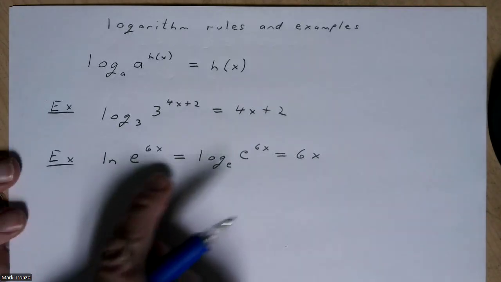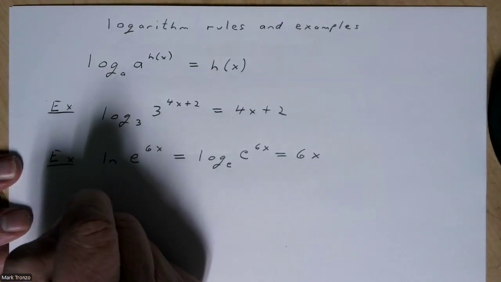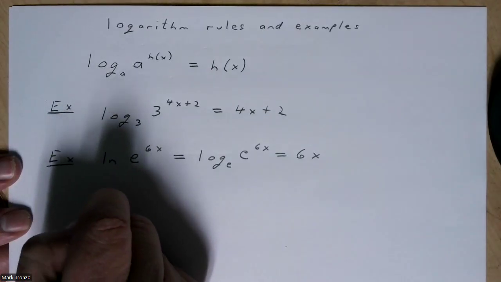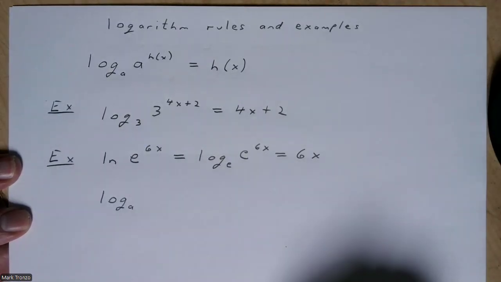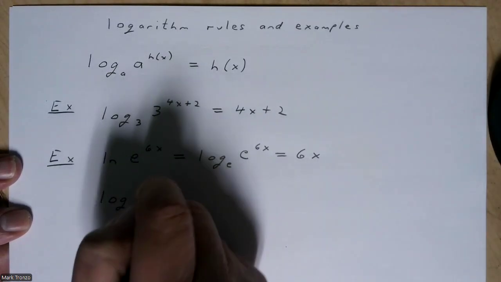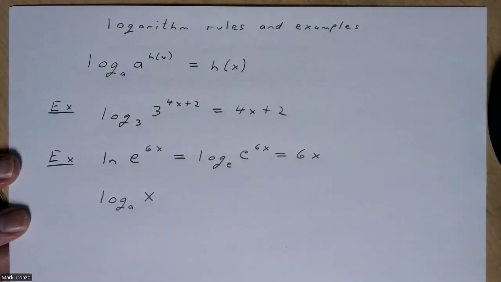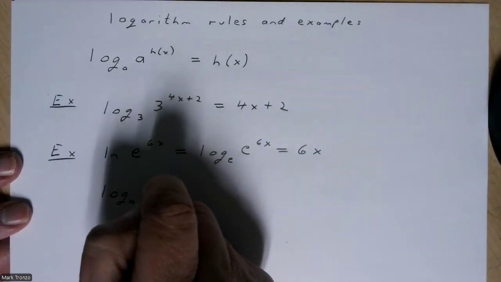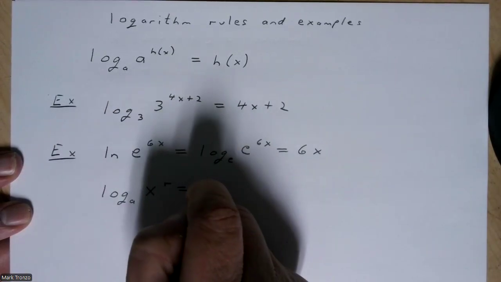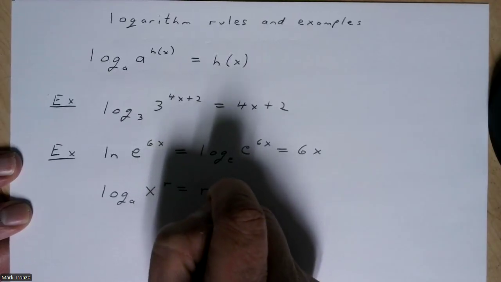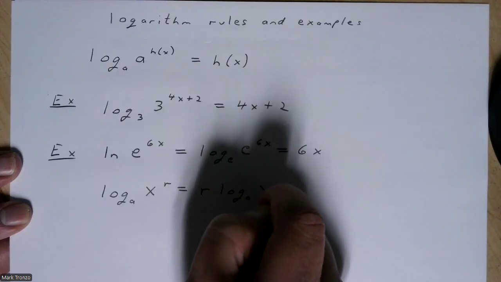Now, even if they don't have the same base, we have the rule: let's say log to the base a of any function x to the r, you can always bring the r in front, r times log base a of x.